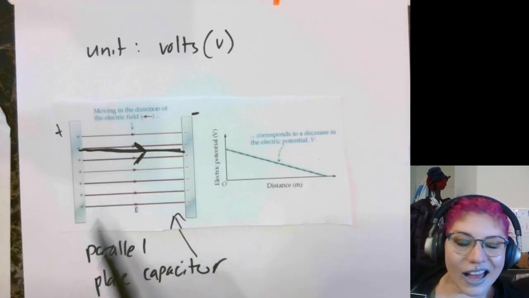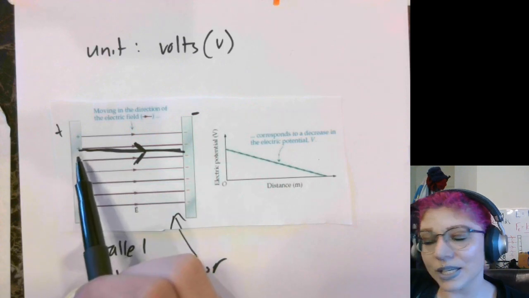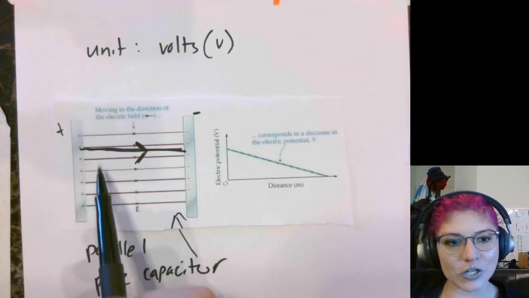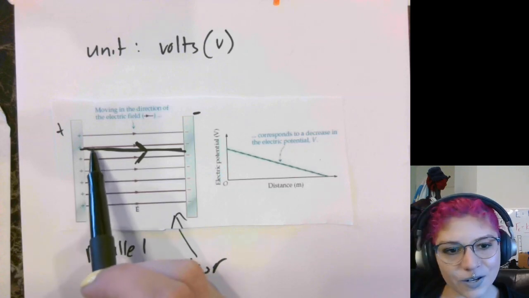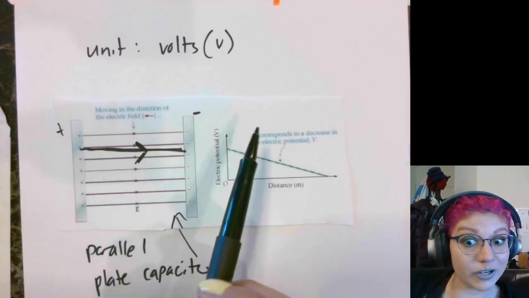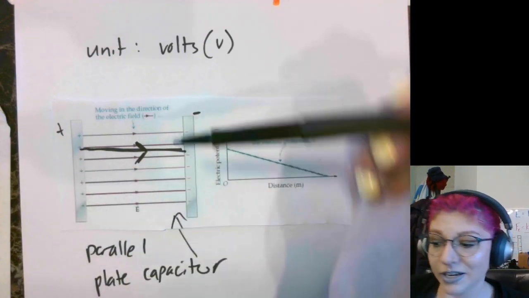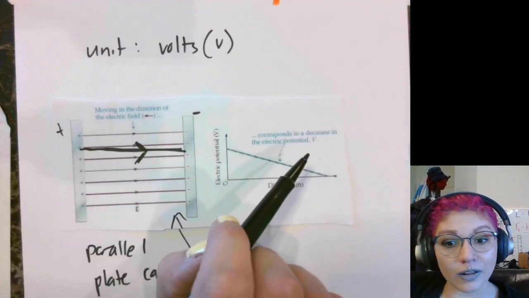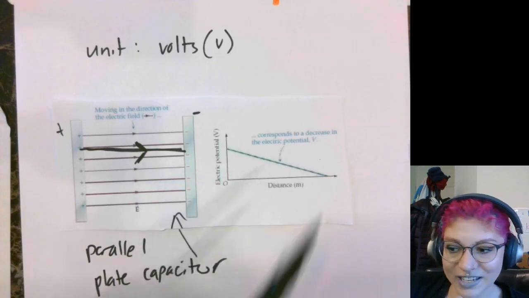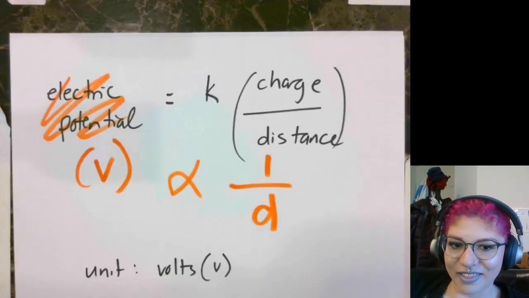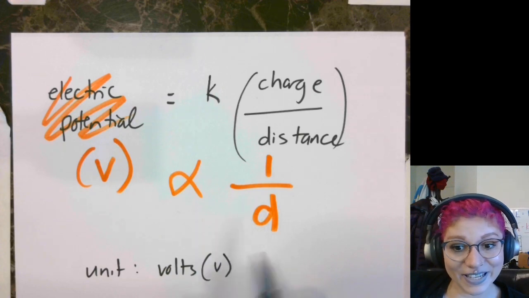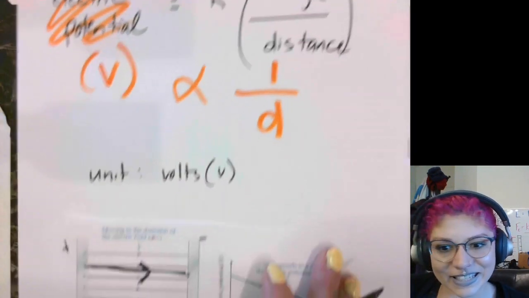And so let's say you drop a little positive charge over here, right? So it's going to travel along that electric field stream towards this side. And as it travels, our electric potential drops. That makes sense, right? We just looked at voltage versus the distance. So we're connecting ideas here.